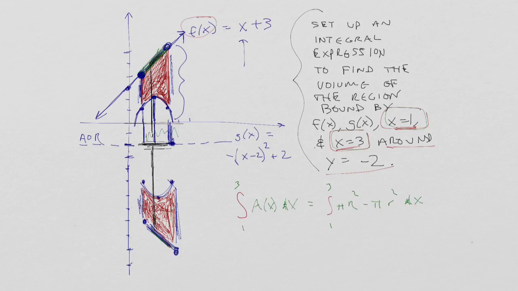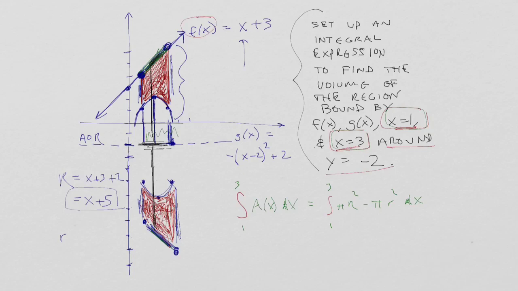So what I'm saying here is that big R, I'm going to write these over here on the left, big R is equal to x plus 3 plus 2, which of course is equal to x plus 5.